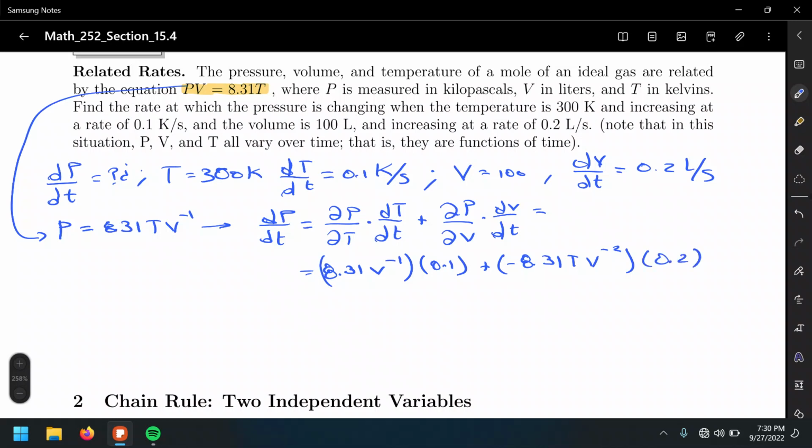Well, so we're almost there. So how about we first write these negative powers as positive powers and change these signs right here. So this will be 8.31 over V times 0.1 minus 8.31 T over V squared times 0.2.